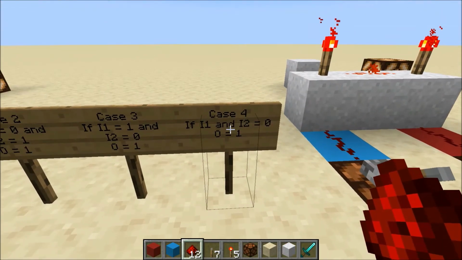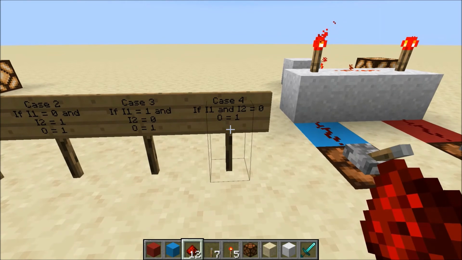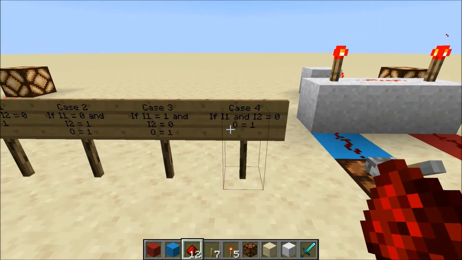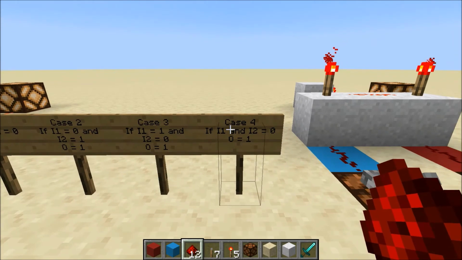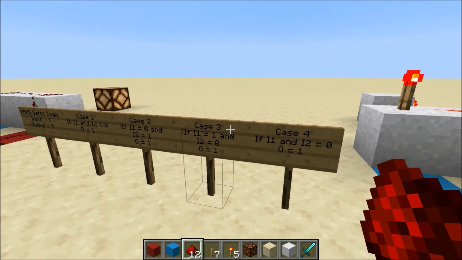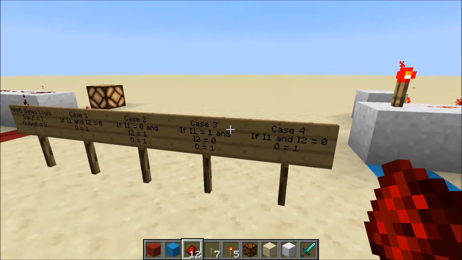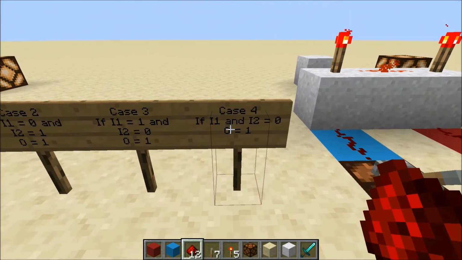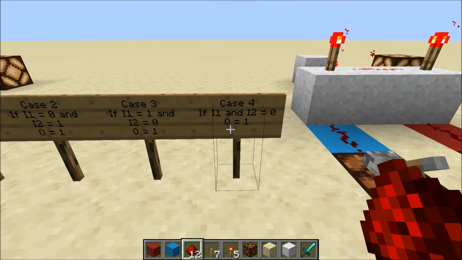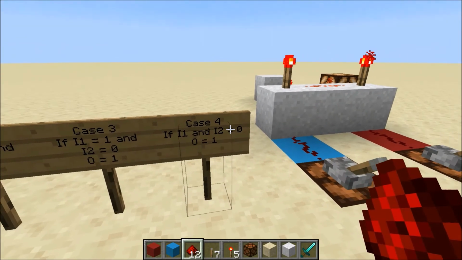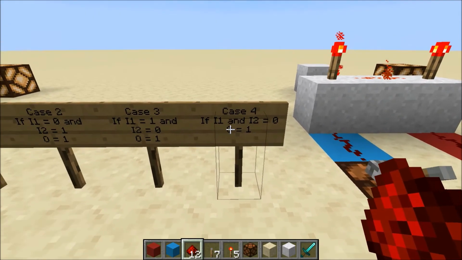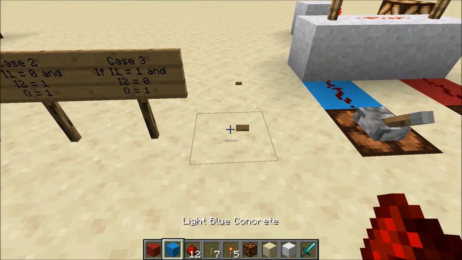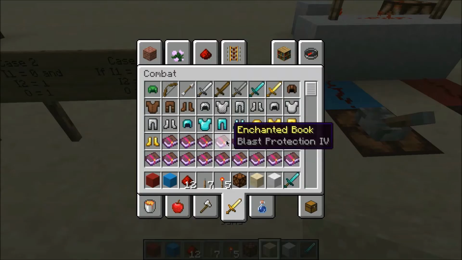And finally, our last case is if input 1 and input 2 equal 0. I think I made a mistake here. Actually, the fourth case means if input 1 and input 2 equal 1, then the output will be 0.